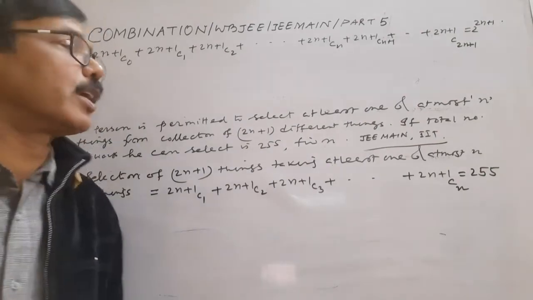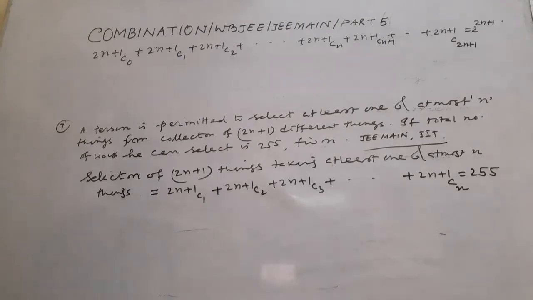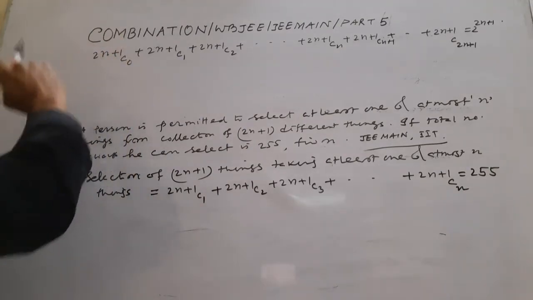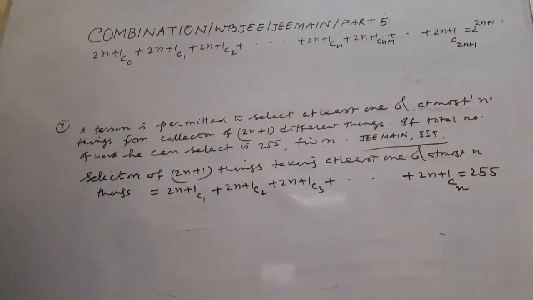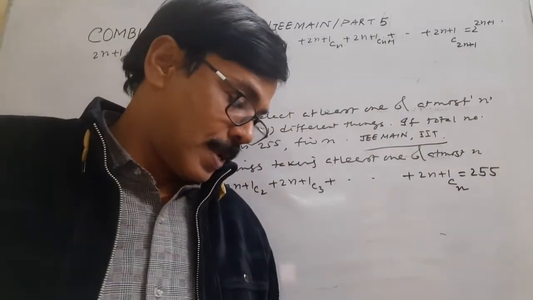So the result is NC0 plus NC1 up to NCn equals 2 to the power n, where n is replaced by 2n plus 1. So this is our result.